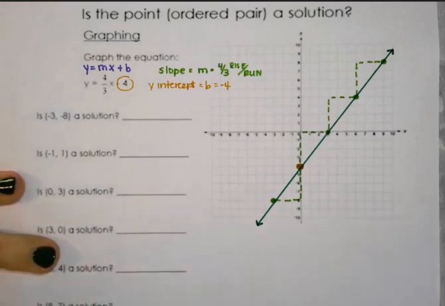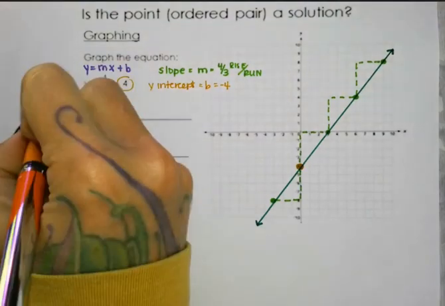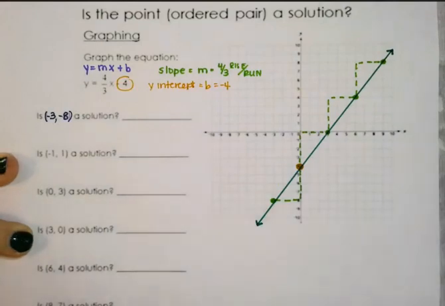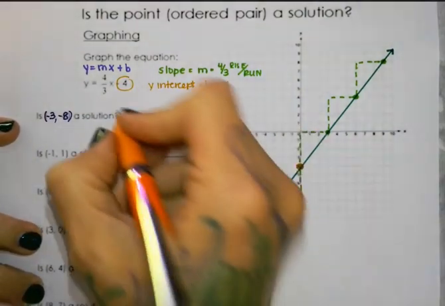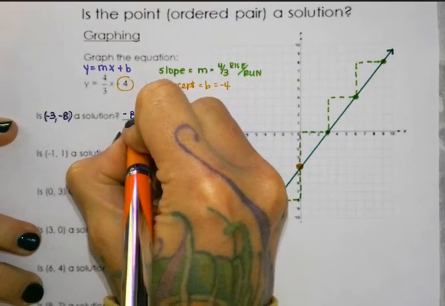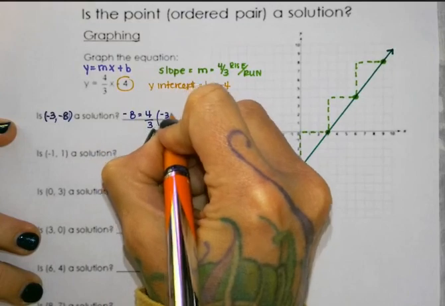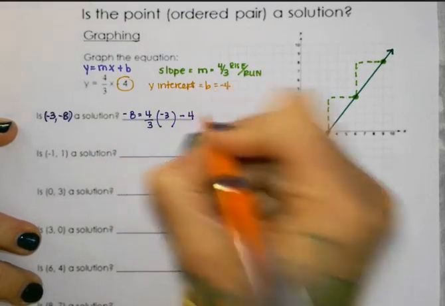Okay, so is -3, -8 a solution to this equation? There's a couple different ways you can do this. Just like we did with inequalities, we can plug these things in. So our y value is -8 equals 4/3 times -3 minus 4.